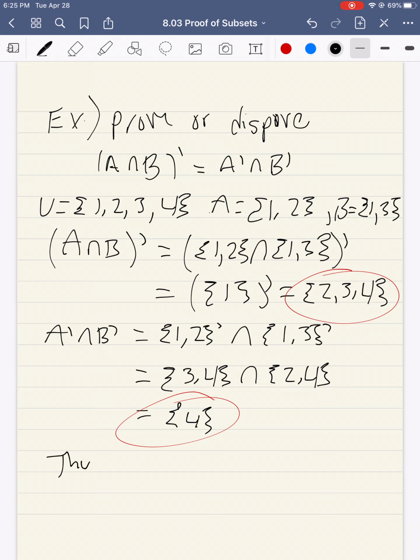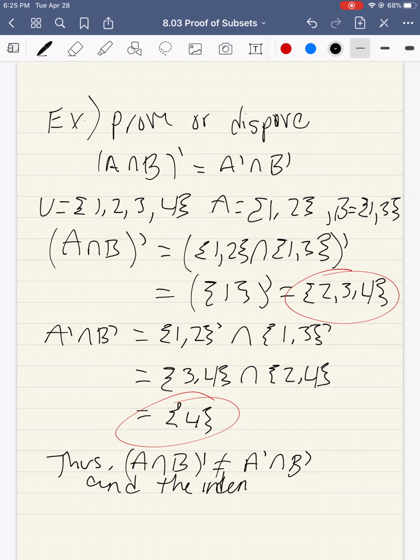So we can say, thus, (A intersect B) complement is not equivalent to A complement intersect B complement, and the identity is disproven.